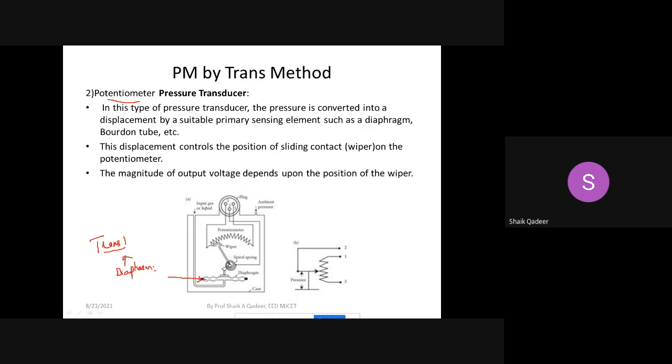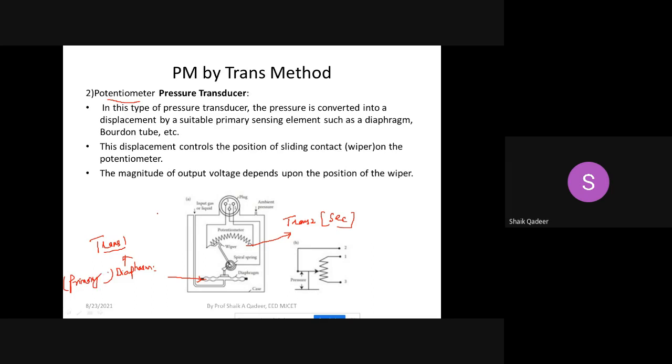The job of this is to convert the applied pressure into displacement. So this displacement is applied as input to the potentiometer, whose job is to convert displacement into electrical quantity. So potentiometer is what here? Secondary transducer, transducer 2. And diaphragm is the primary transducer or transducer number 1. Hope it is clear to everybody.